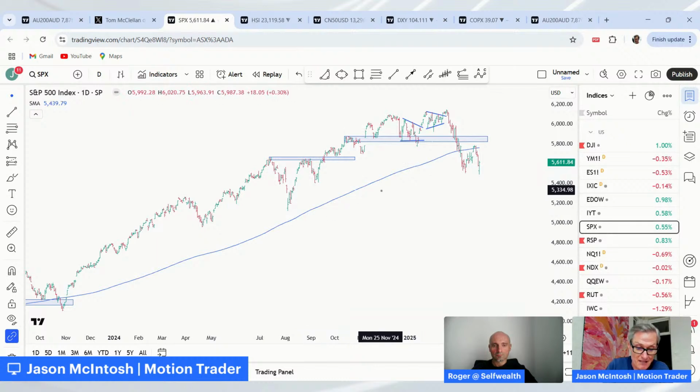So that's what we have here on the chart. And so what you'll notice is that the S&P has mostly been below the moving average for the last couple of weeks.